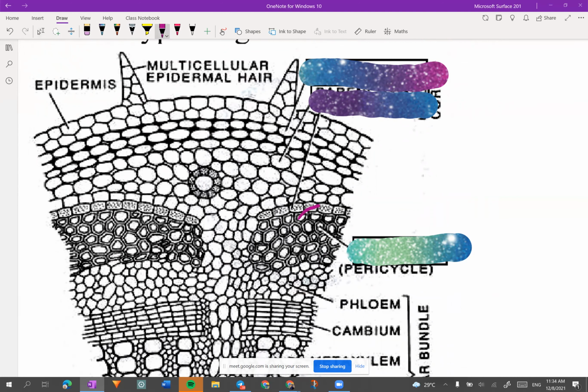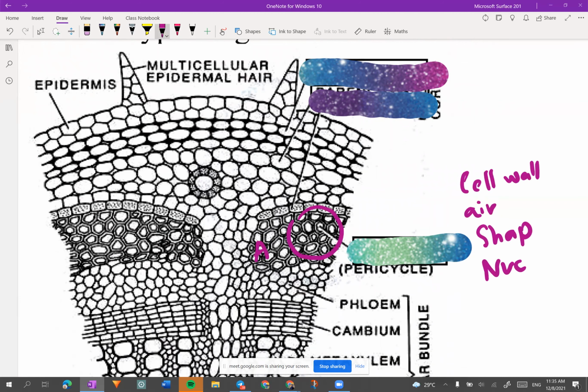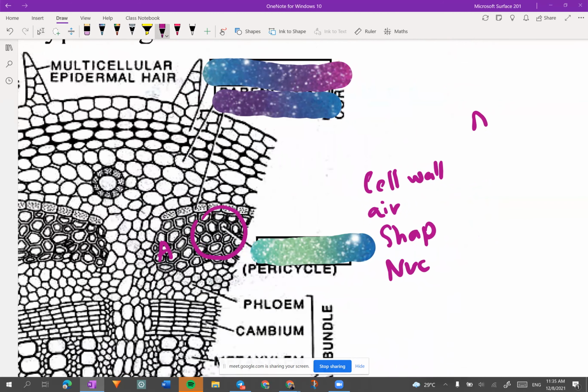Alright. So let's observe this one first. Saya letak dia sebagai A. Tulis dulu cell wall, air, dengan shape, also nucleus. Okay, for A, dia ada cell wall tak? Is it thick or is it thin?